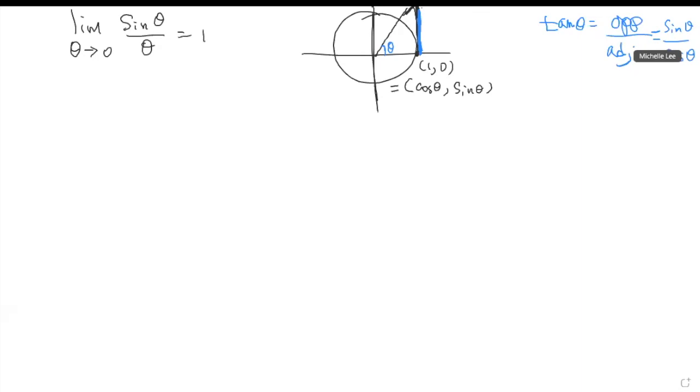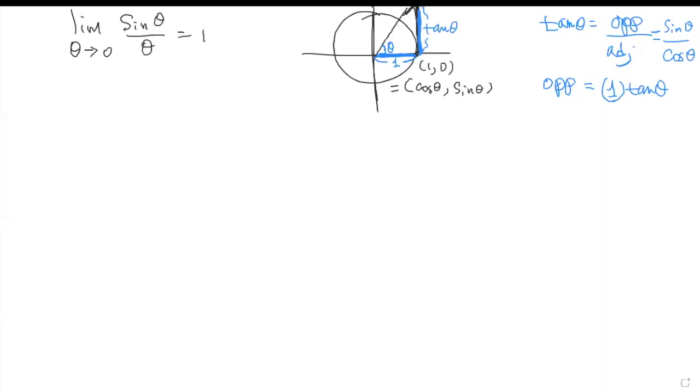Now, opposite, then we multiply by the adjacent side, right? But the adjacent side in this case is 1. The length is 1. Can you see that? So the opposite side equals adjacent, which is 1, times tangent, right? So I'm going to write down that this length is tan theta. Do you agree?